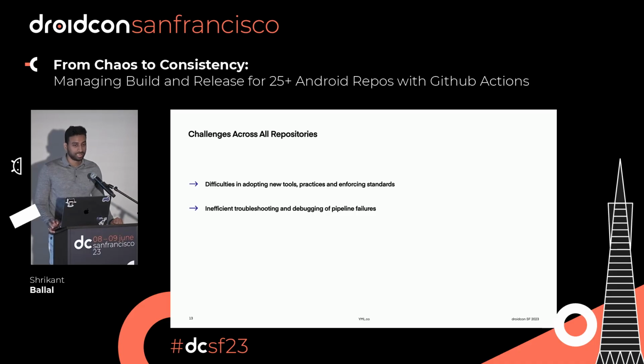And Jenkins, although I love Jenkins and I've used it extensively in the past, sometimes we need some DevOps experts to troubleshoot and debug the failures, infrastructure failures particularly. So there is a dependency there.